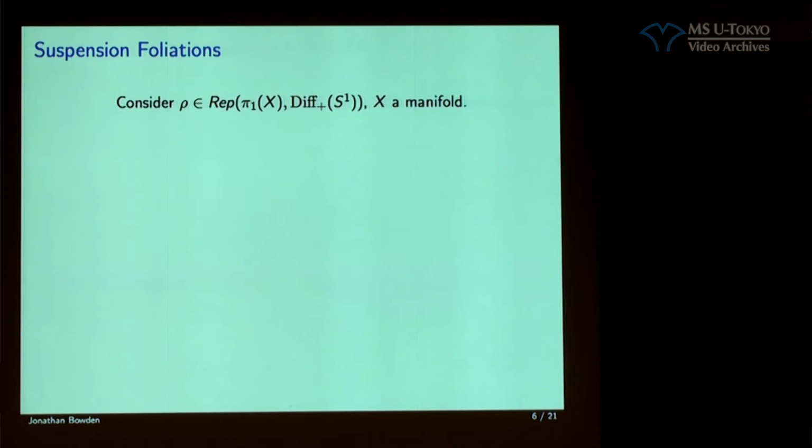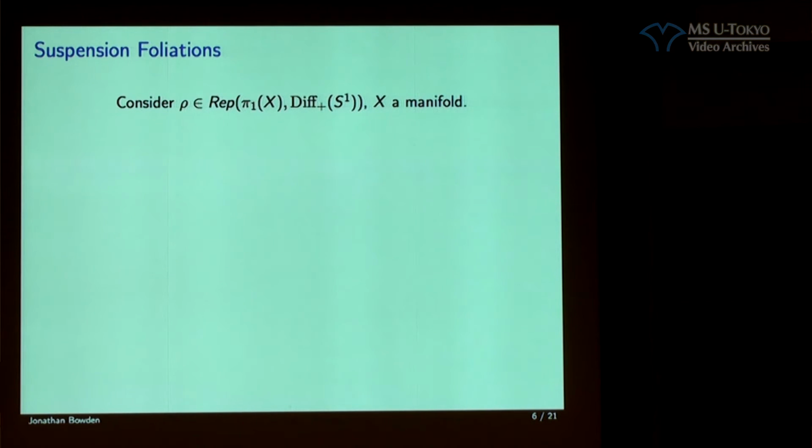So suspension foliations, everyone again knows, but I've drawn a picture, so I want to show it to you. So just consider a representation of the fundamental group of your favorite, say, compact manifold, closed, I assumed at the start. My notation for the set of all these things is Rep of the fundamental group, to Diff plus S1, so orientation preserving smooth diffeomorphisms of the circle.